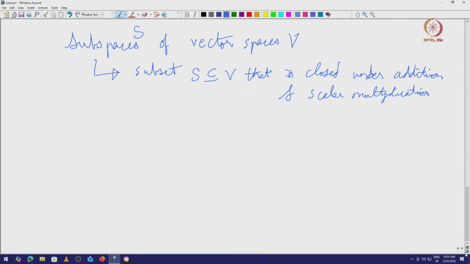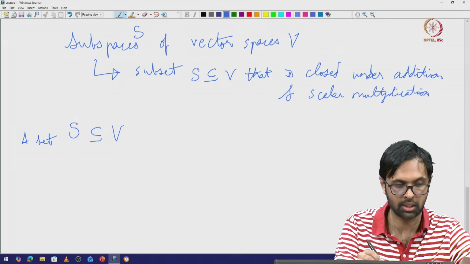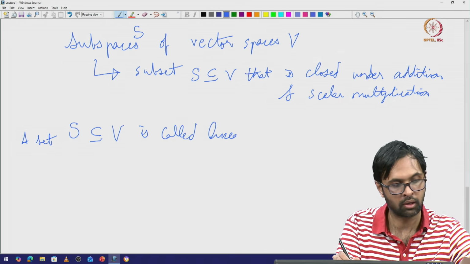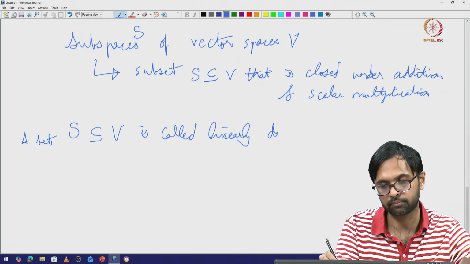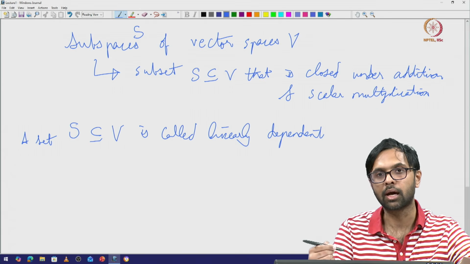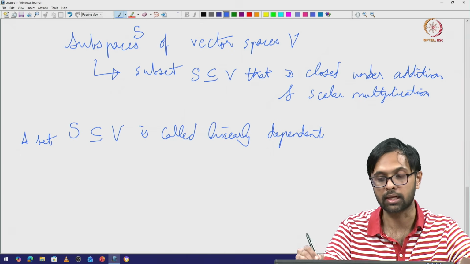Okay, so here is one more important definition. A set, not necessarily a subspace, a set S in a vector space is called linearly dependent. The word linearly dependent means that there are linear relations among elements of this set.